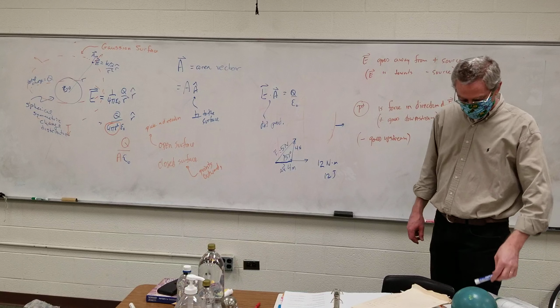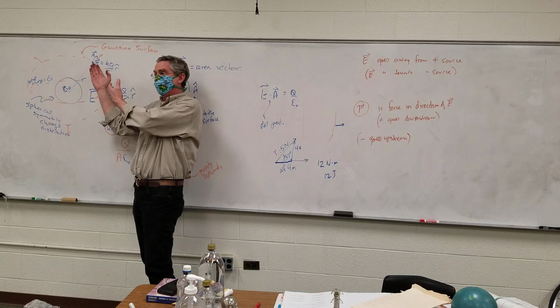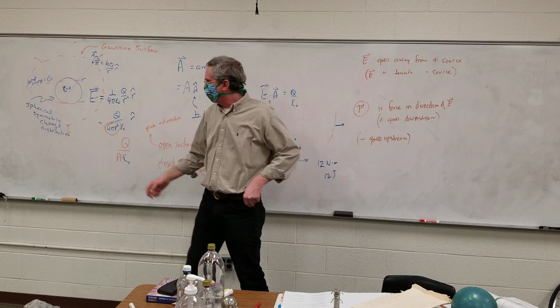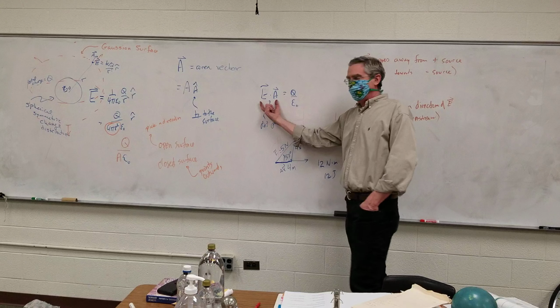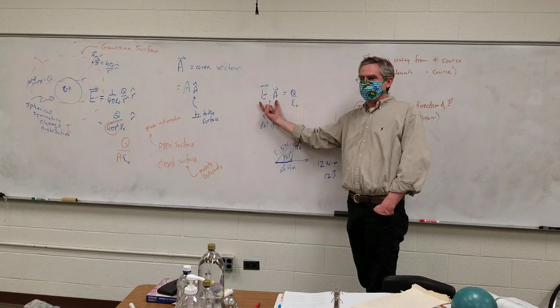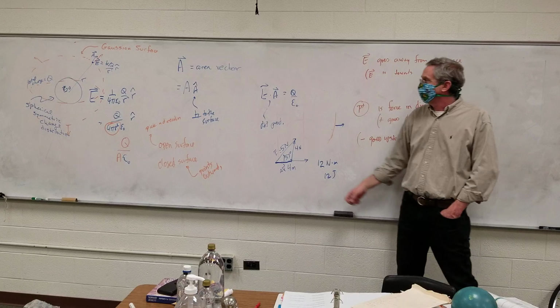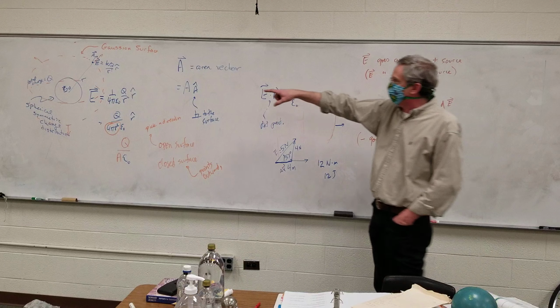Dot product, parallel. Which coincidentally is what we have right here. The electric field and my area vector are parallel to each other. That's why I got away with E dot A. I'm multiplying the parallel components, which in our case, done. This Q right here is the charge that's at the center of my sphere.